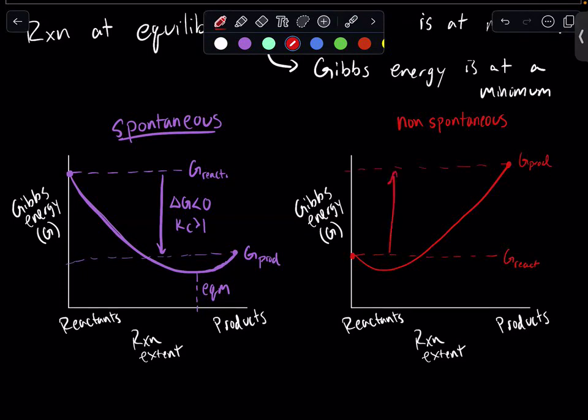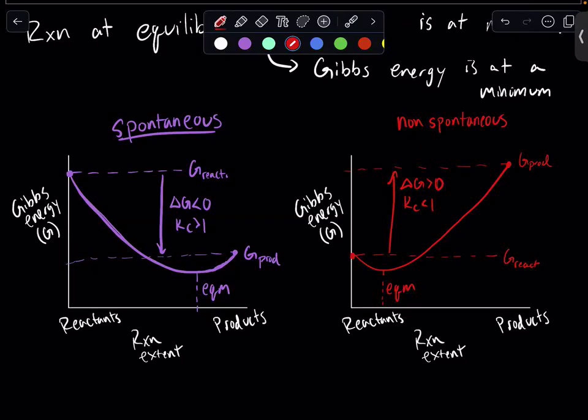We have an increase in Gibbs energy, so the change in Gibbs is greater than 0. It can be any positive value. And here, our Kc is less than 1. Furthermore, our minimum Gibbs energy is once again our equilibrium point. We can see that it is shifted towards the reactants.